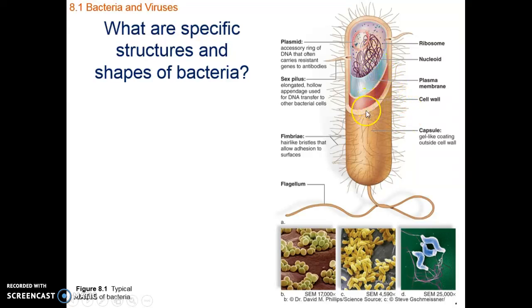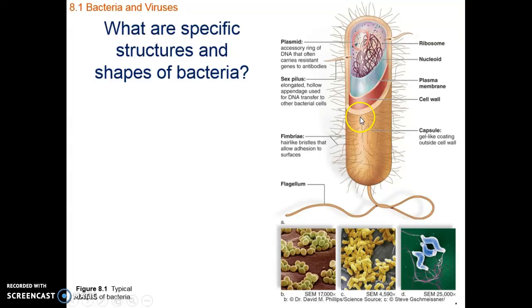You have the cell wall here, but let's look at the things that may cause it to be pathogenic. These little hair-like projections are called fimbriae, hair-like bristles. This allows for a bacteria to attach to a surface. And if it can attach inside of our bodies, then it can stick there, replicate, and cause problems. Whereas if it just slides on through our system, we may never know it's been there.